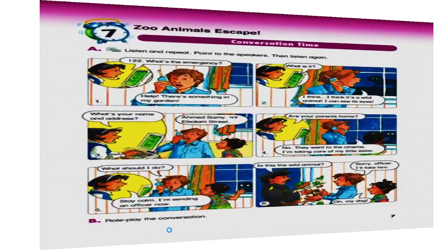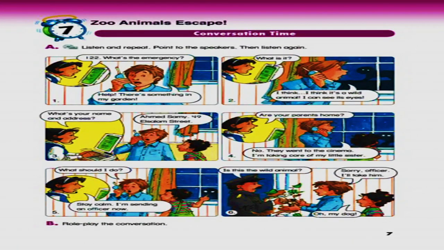Okay, now we will move to Unit 7, which was entitled Zoo Animals Escape. And as usual, we'll start with the conversation time, which was between Ahmed and the emergency service operator. If you remember, the story was that Ahmed and his little sister were at home while their parents were at the cinema.